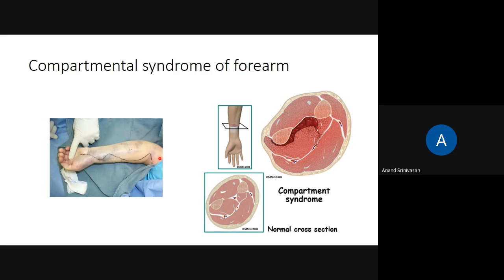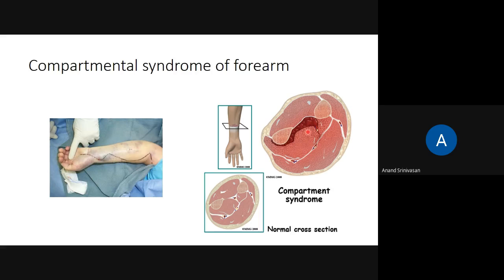But inside there could be a bone fracture, or there could be arterial damage. The arteries or veins could have ripped off. And when there is damage to these arteries or veins, the blood gets collected in this compartment.